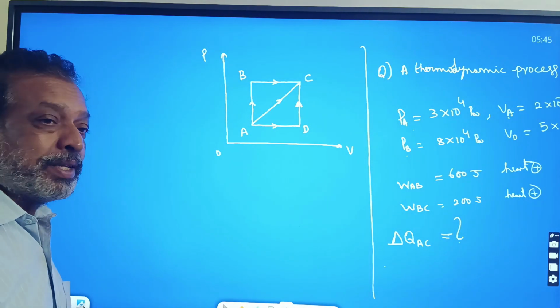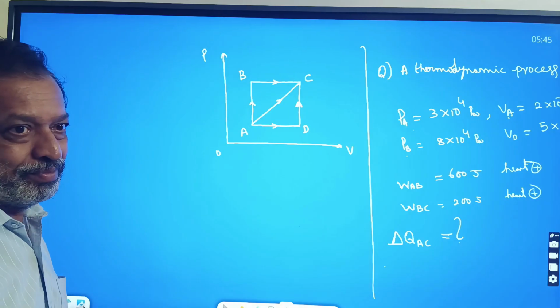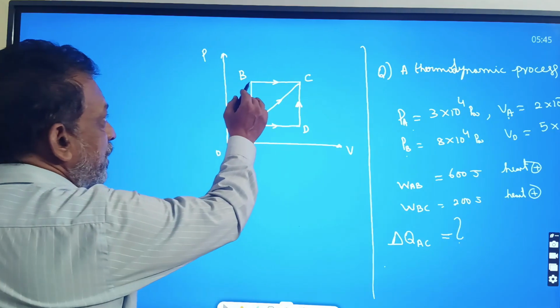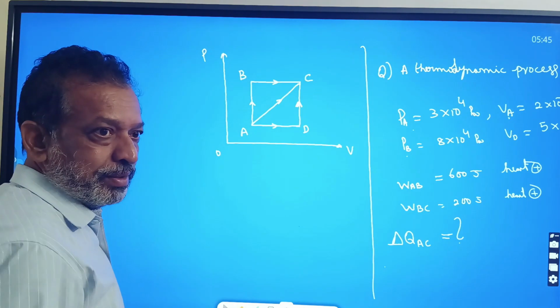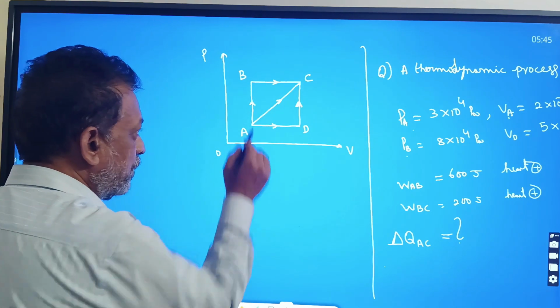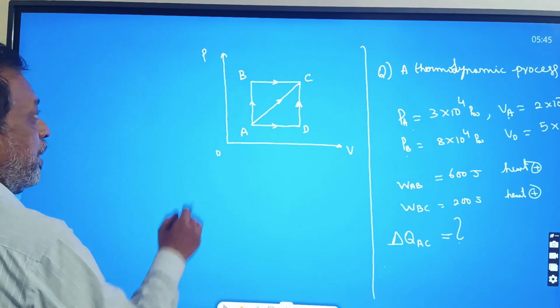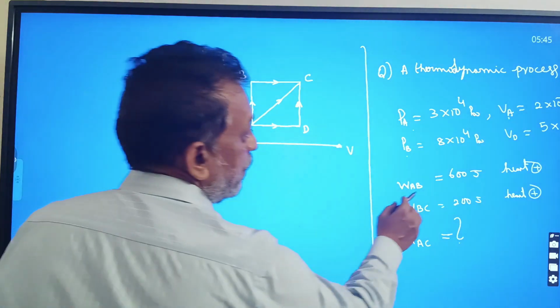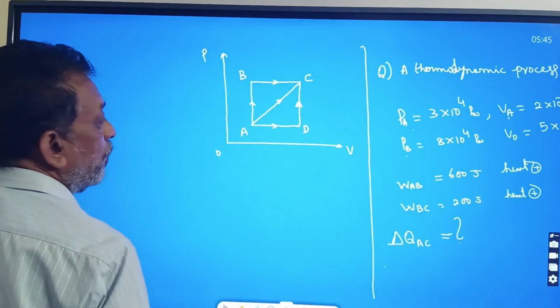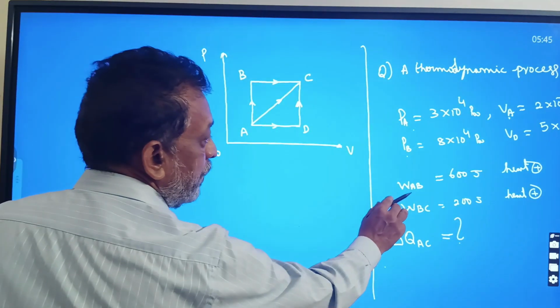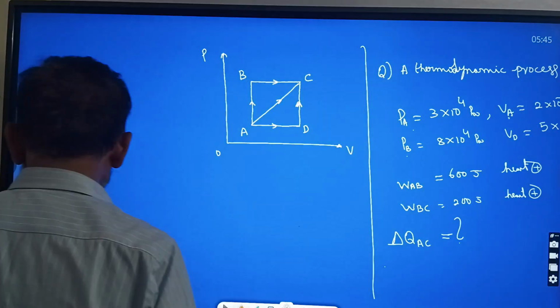When volume is changing, with pressure high, what is the area for AB? The work done in AB: what is given? WAB is given as 600.